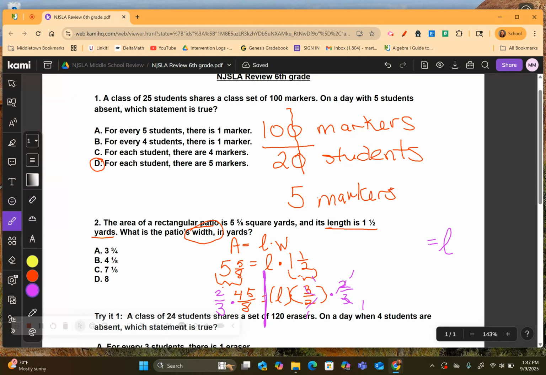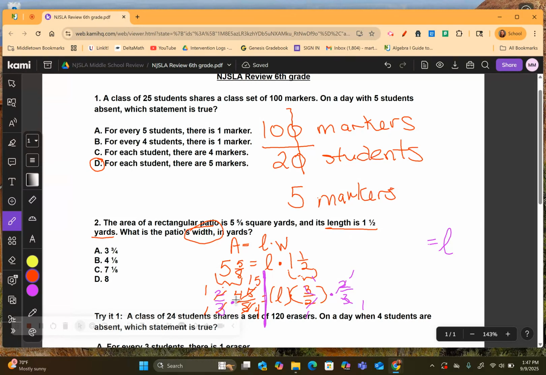When I do that, sometimes there's a shortcut teachers like to use. I know I like to use it, where I say, okay, I have a 2 here and an 8 here. Let me get a different color to show you. 2 goes into itself, and 2 goes into 8 how many times? What is 8 divided by 2? Okay, 4. 3 goes into itself once, and 3 goes into 45 fifteen times.